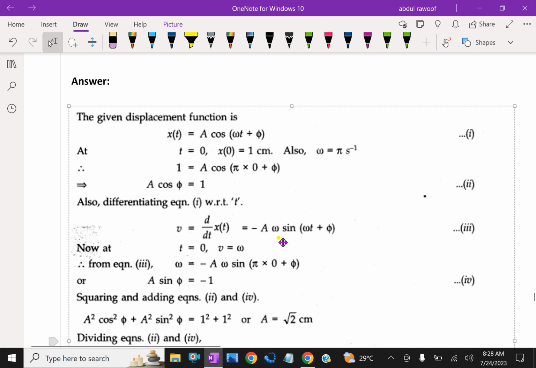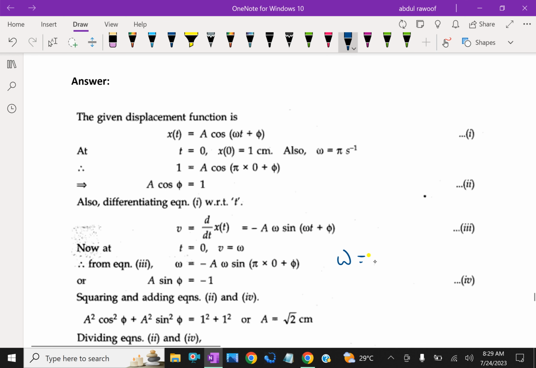When t = 0, substituting t = 0, it becomes ω equal to minus A ω sin(π·0 + φ), which gives ω = minus A ω sin φ.